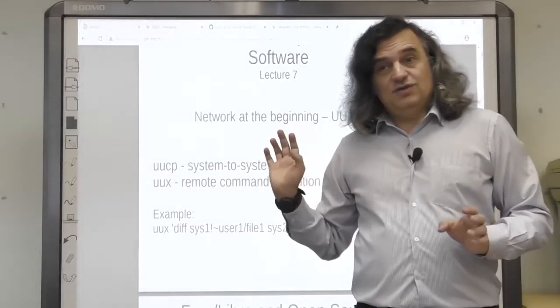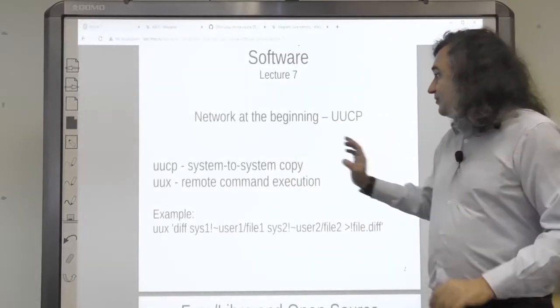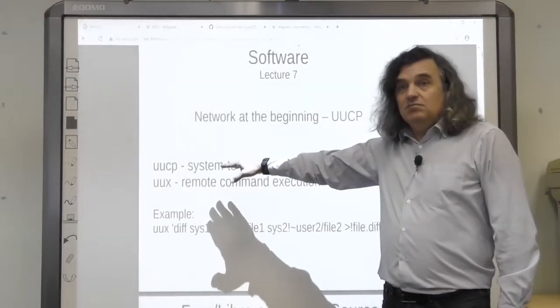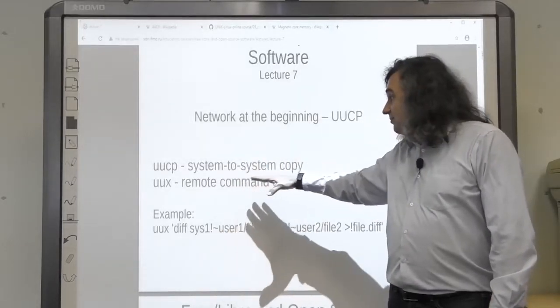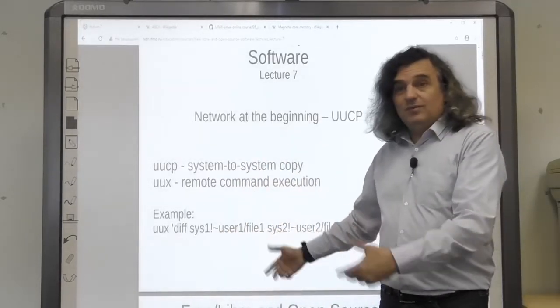UUCP provided just two main utilities: UUCP, system-to-system copy, and UUX, remote command execution.